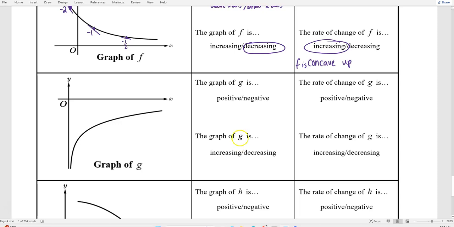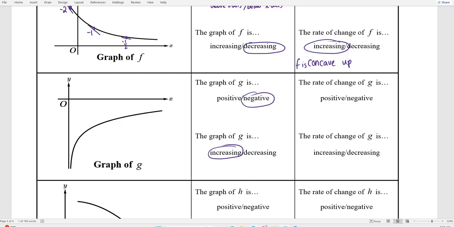Aiden, what'd you get for the graph of g is positive or negative? Negative is correct. That one's below the x-axis, so that graph is negative. Destiny, what'd you get for the graph of g is increasing or decreasing? Increasing is correct. Wonderful. From left to right, the graph of g is going up.